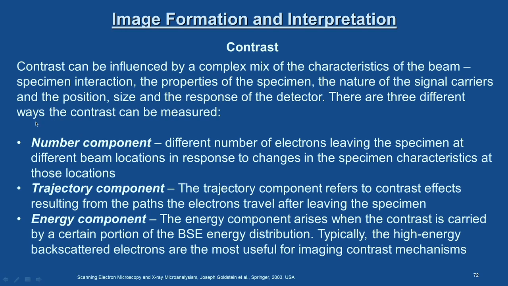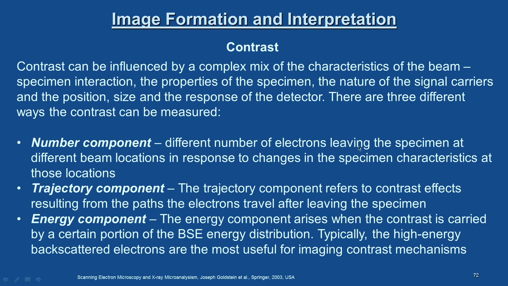There are three different ways the contrast can be measured. One is the number component, second is the trajectory component, and third is the energy component. So, the number component, what is that?